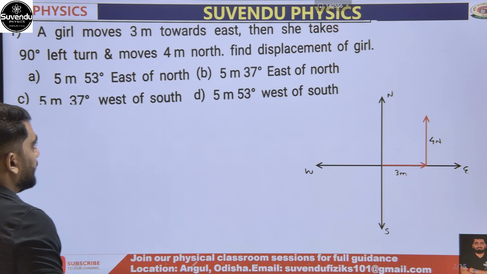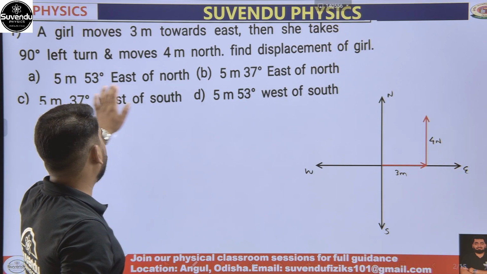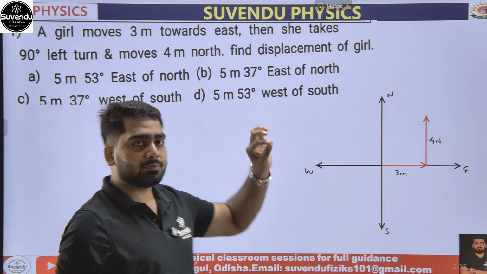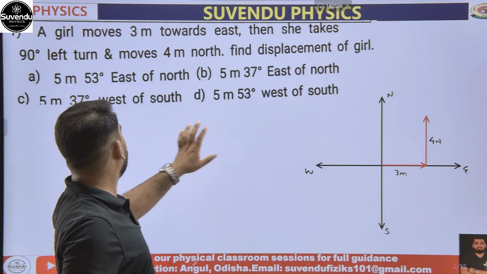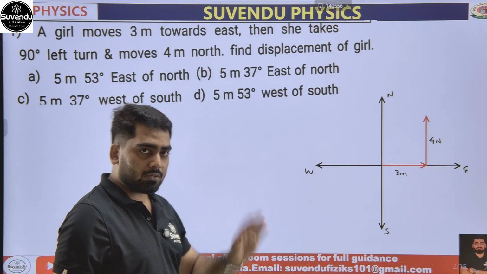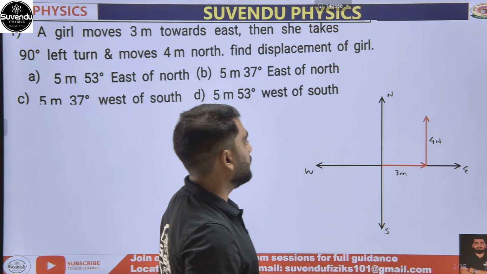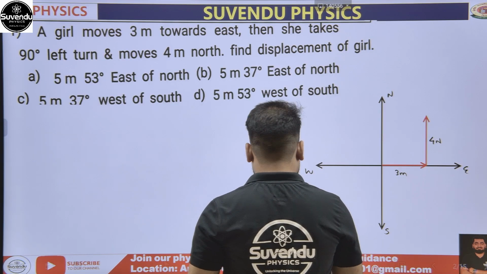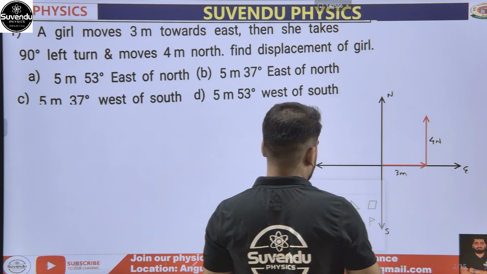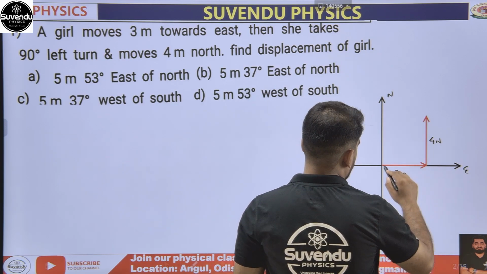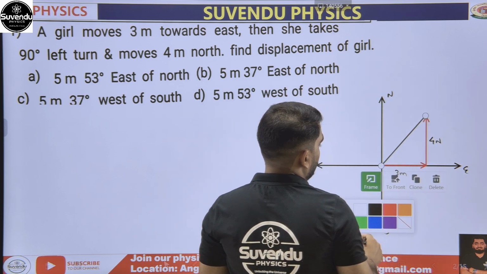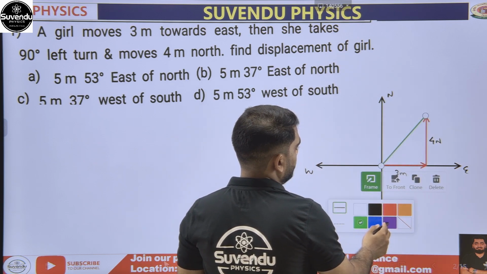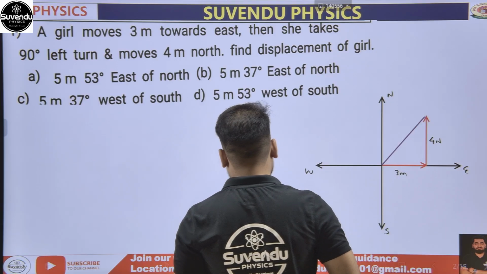So find the displacement of the girl. Here, as displacement is a vector quantity, the magnitude of displacement is written in each and every option, and the direction of displacement is also written. Magnitude of displacement means the shortest distance between the initial and final position. This one is initial, this is final, so this will be the displacement.